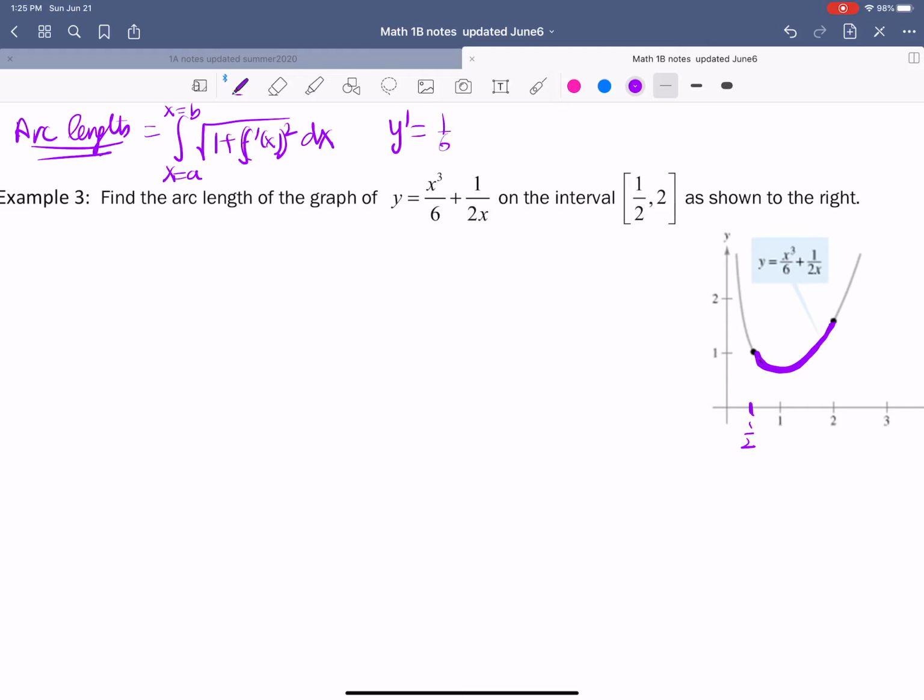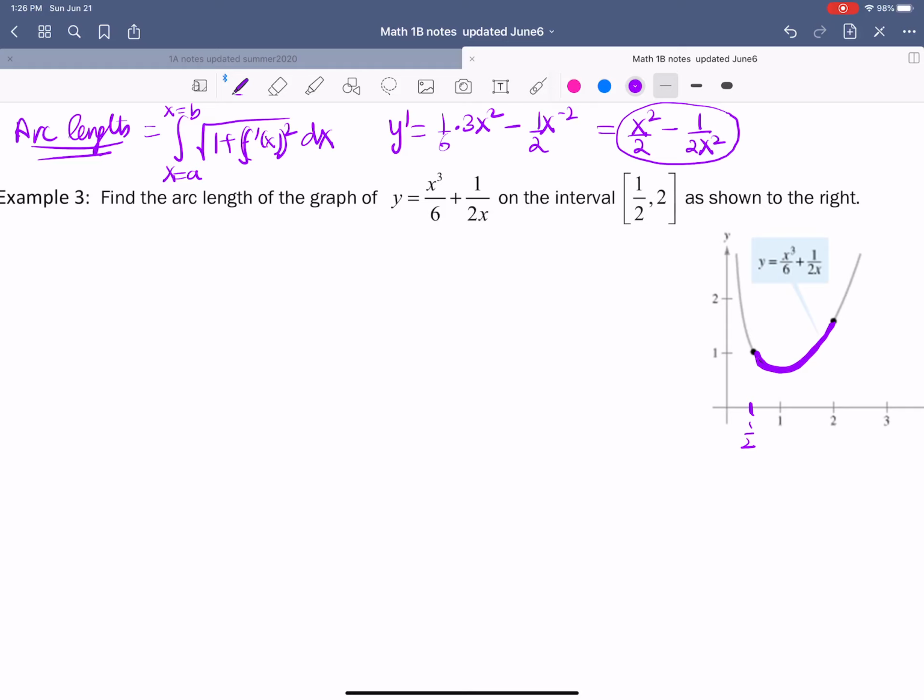It turns out to be 1/6 times 3x squared minus 2 times x to the power negative 3, which is x squared over 2 minus 1 over 2x squared. So this is my derivative, f prime of x, or y prime.